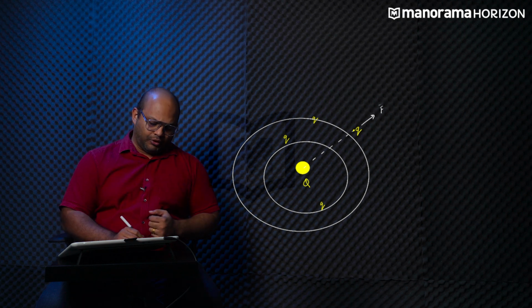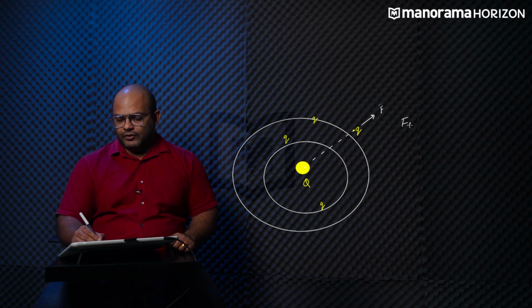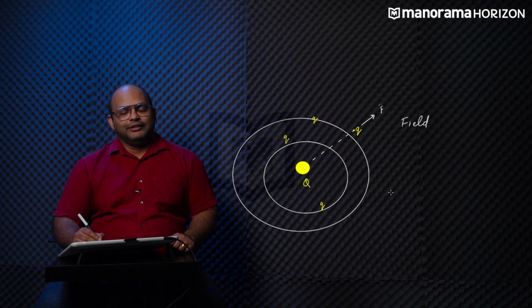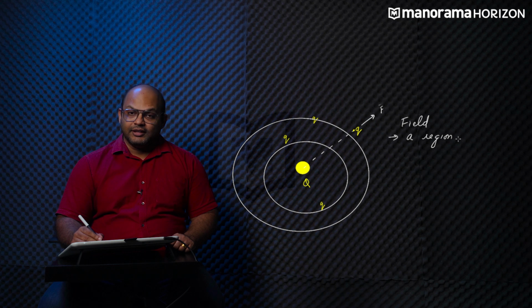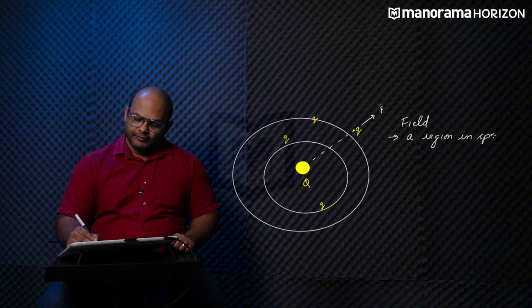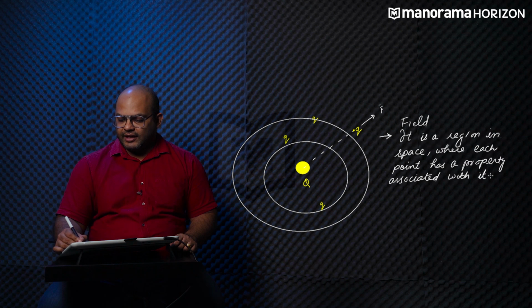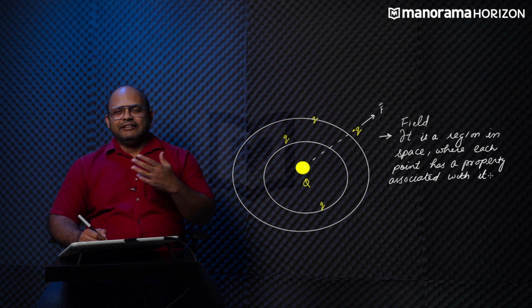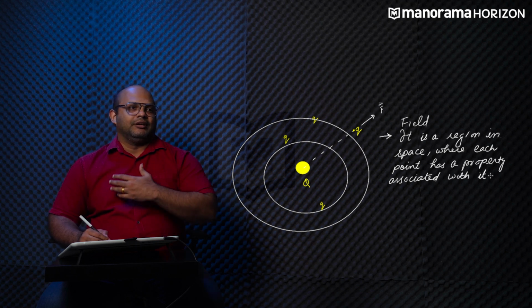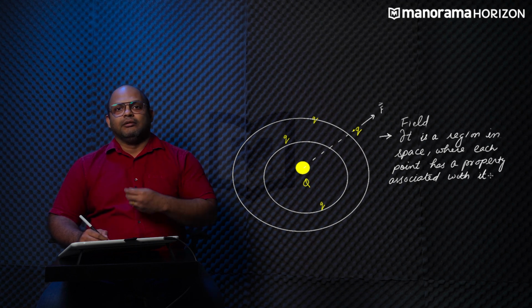in physics. So what is a field? What do we mean by field? It is a region in space where each point in that space has a property associated with it. This property can be anything. It can be a force, it can be a temperature, it can be a mass.